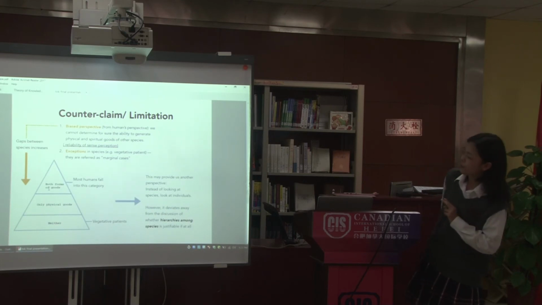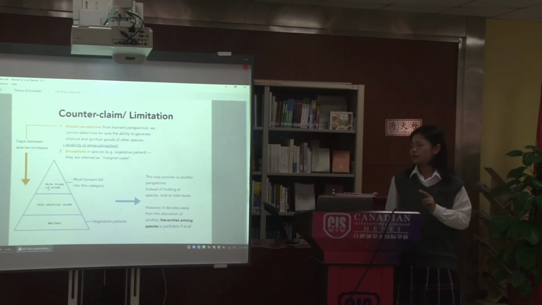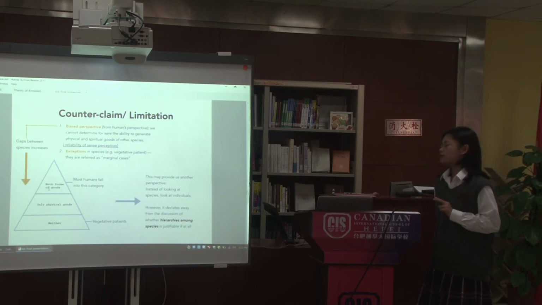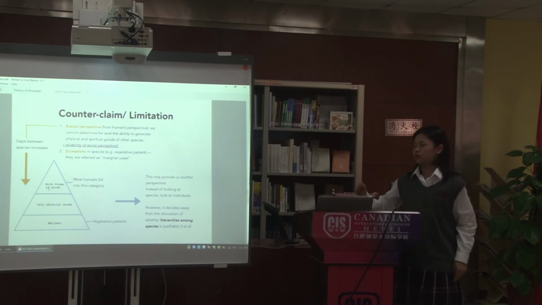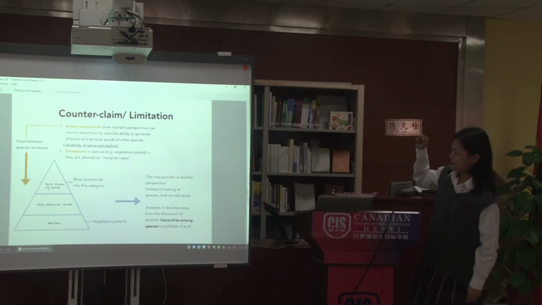The second one is exceptions in species. These are sometimes referred to as marginal cases. For example, 99% of human beings would fall at the top of the pyramid. But there are exceptions, like vegetative patients.